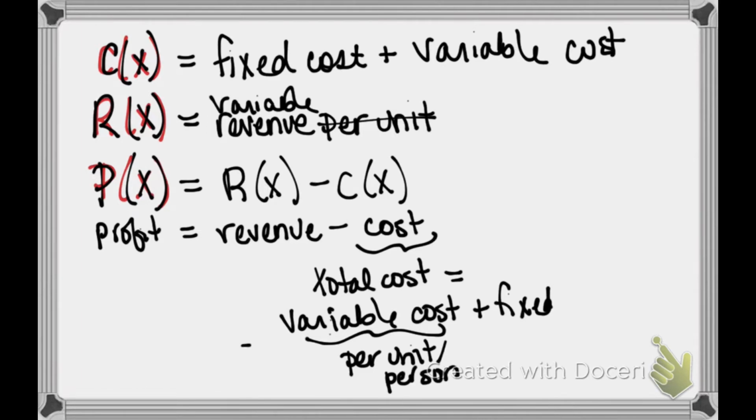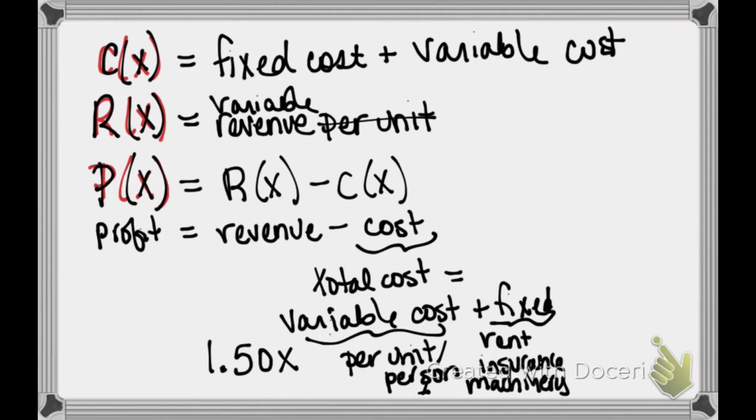And it's usually like it costs, I don't know, $1.50 per person per X. Whereas your fixed cost might be something like rent, insurance, some sort of machinery that you just have to buy no matter what, no matter how many you're going to produce.